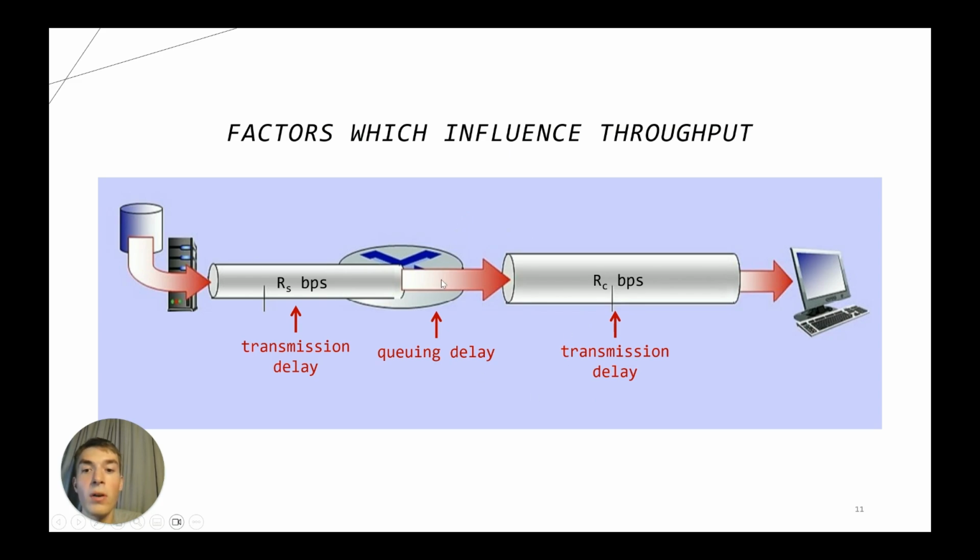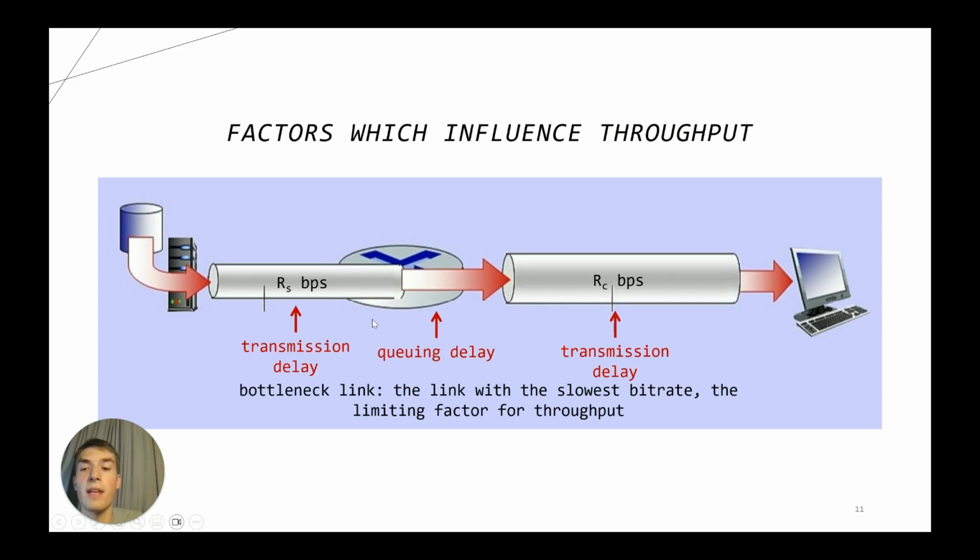And of course, this is a very simplified example. There's probably lots of routers and lots of links, but each of these is going to add a delay, and it's going to slow down our throughput. And the bottleneck link is the link that has the slowest bit rate. And it's going to be the bottleneck for throughput. It's going to be the limiting factor for how much throughput you can get.